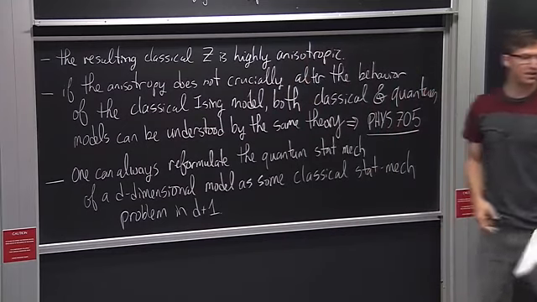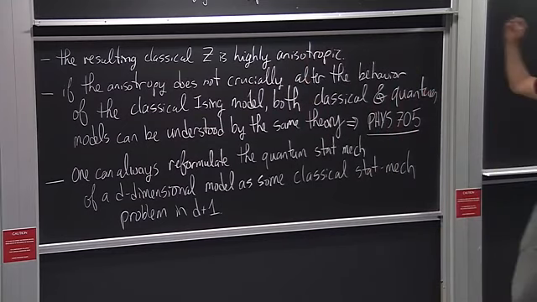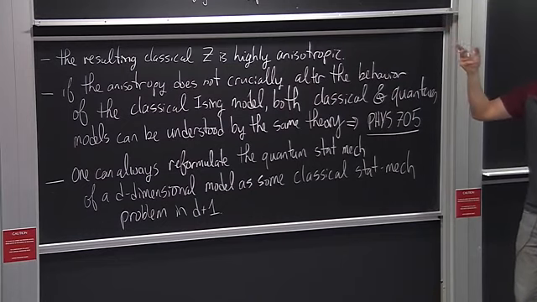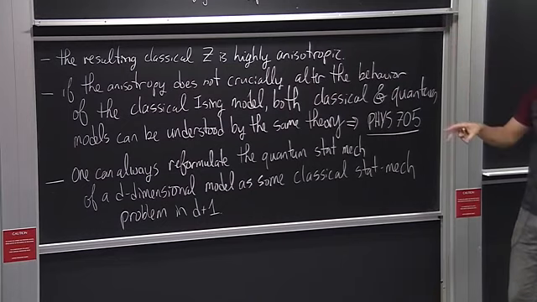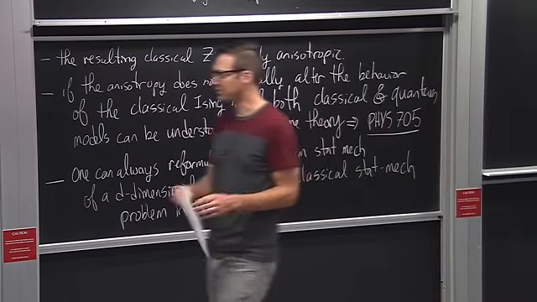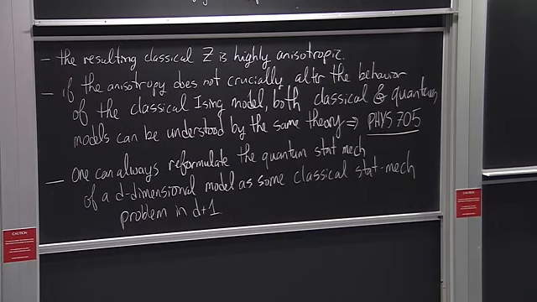And in fact, I could take this highly anisotropic model in D plus one dimensions. Since it's all classical, I can just put it on a classical computer and solve exactly the phase diagram of the one-dimensional quantum model. And that's basically the strategy that quantum Monte Carlo takes.